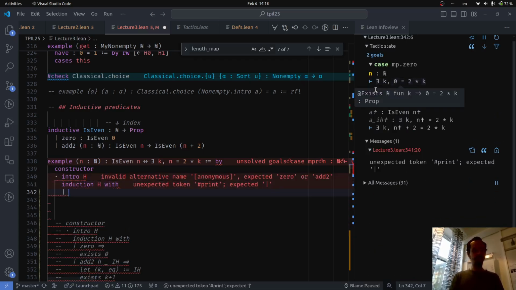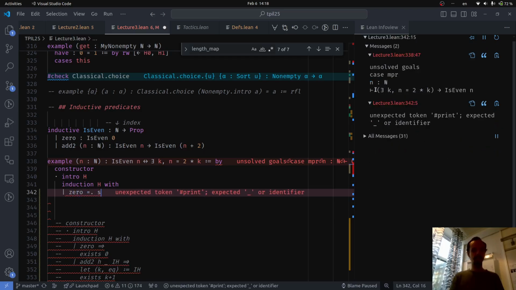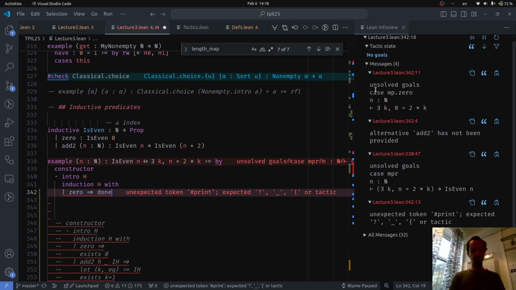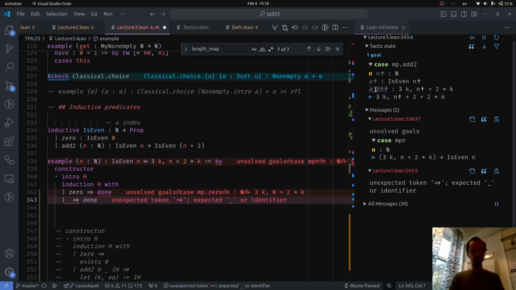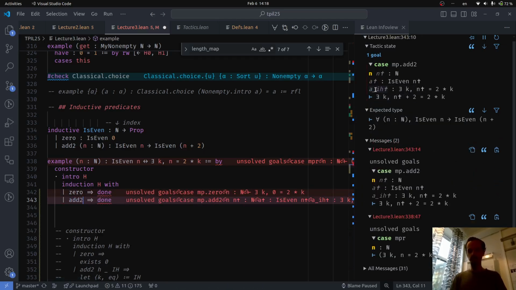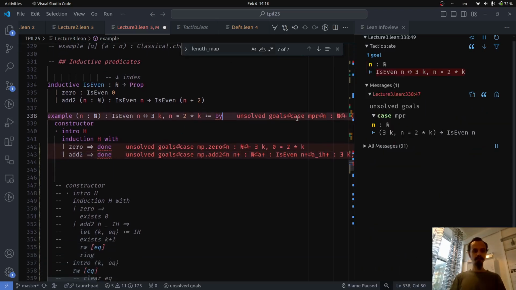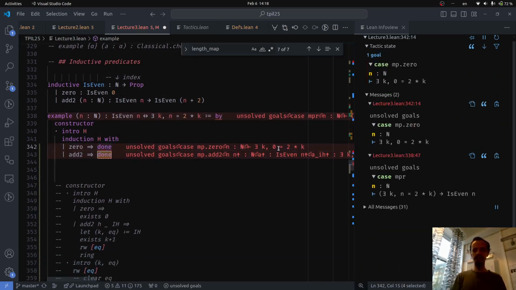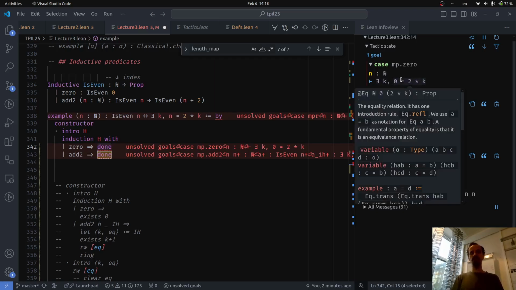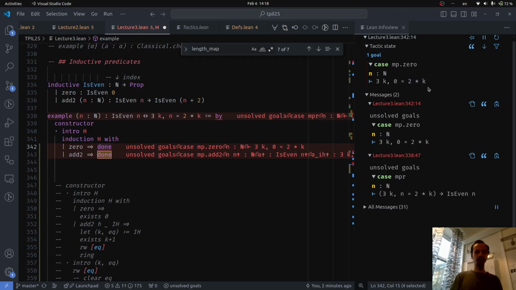We have two cases. One of them is 0, and the other one is 2. In the 0 case, we have to prove that there exists a k such that 0 is equal to 2 times that number.